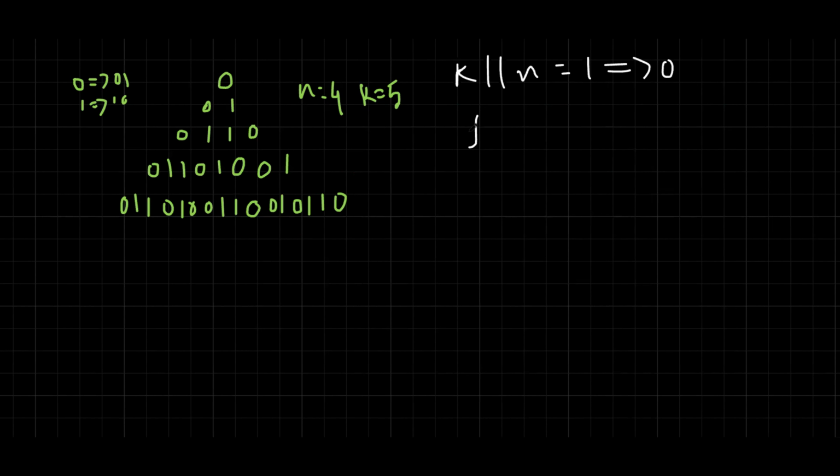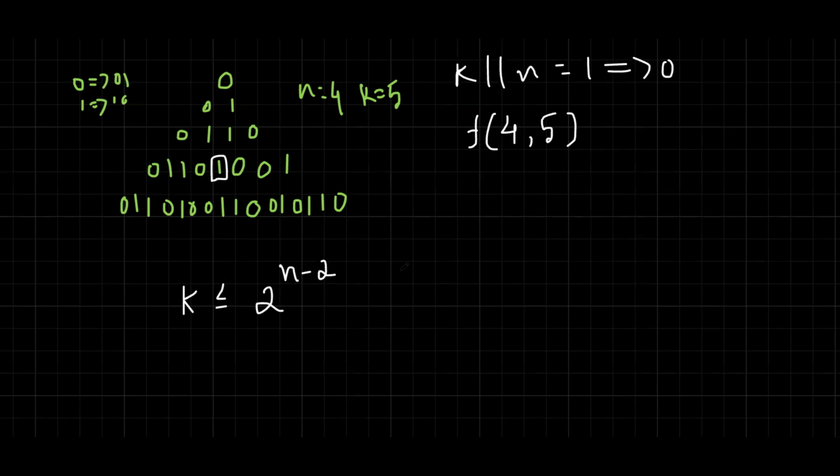Now suppose we try to run a recursive algorithm. Suppose we call a recursive function f, where the value of n will be 4 and the value of k will be 5. So we have to determine the fifth element of the fourth row, which is this. Now we have to check whether the value of k is less than or equal to 2 to the power n minus 2 or not.